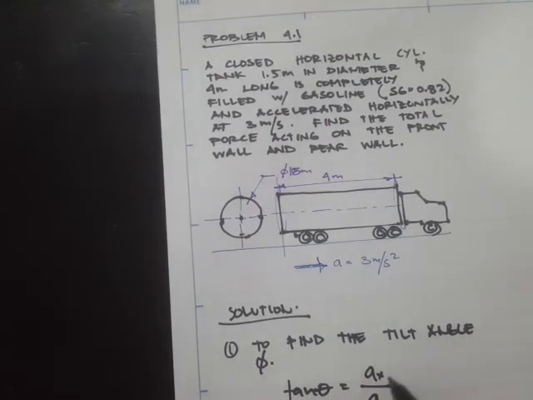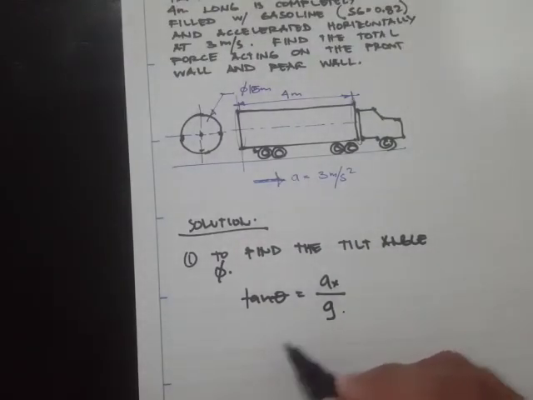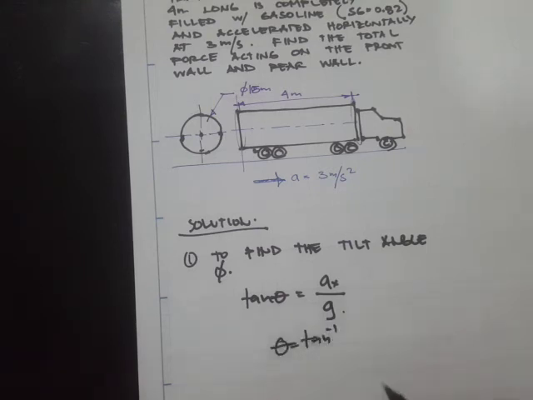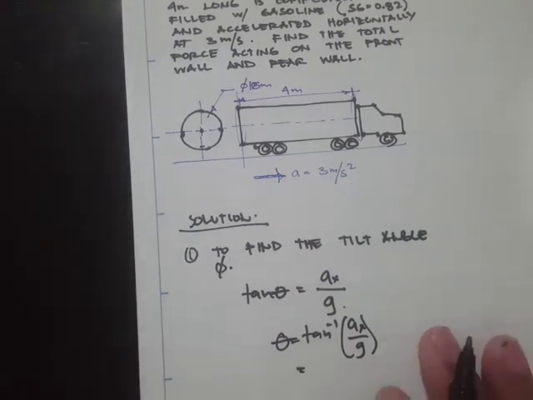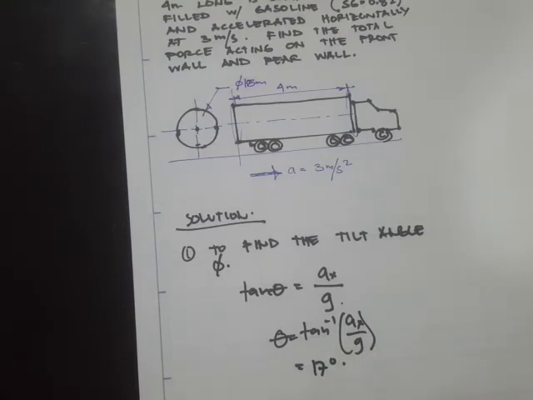Since we have this a sub x, we can solve for theta. So theta is simply the inverse tangent of a sub x over g. Our a sub x is 3 meters per second squared divided by 9.81 meters per second squared, and we get 17 degrees.